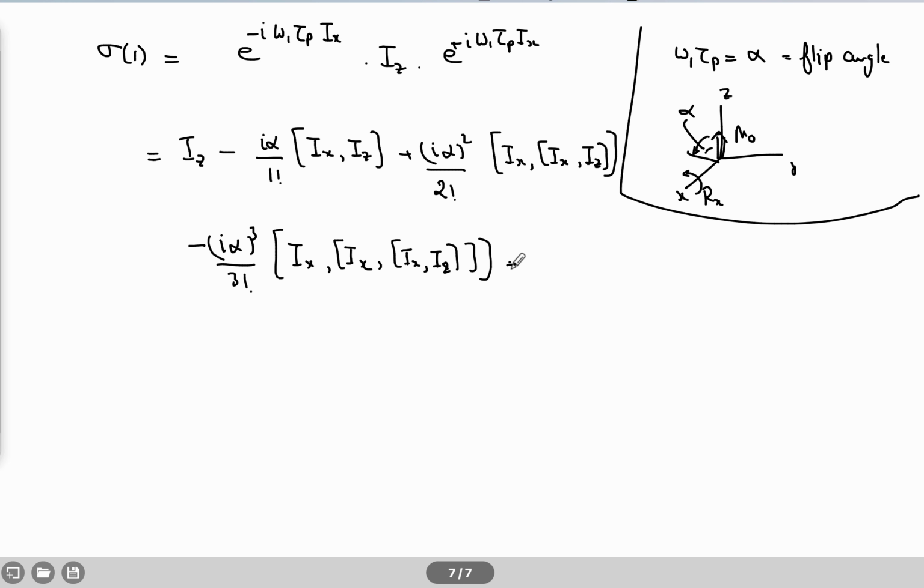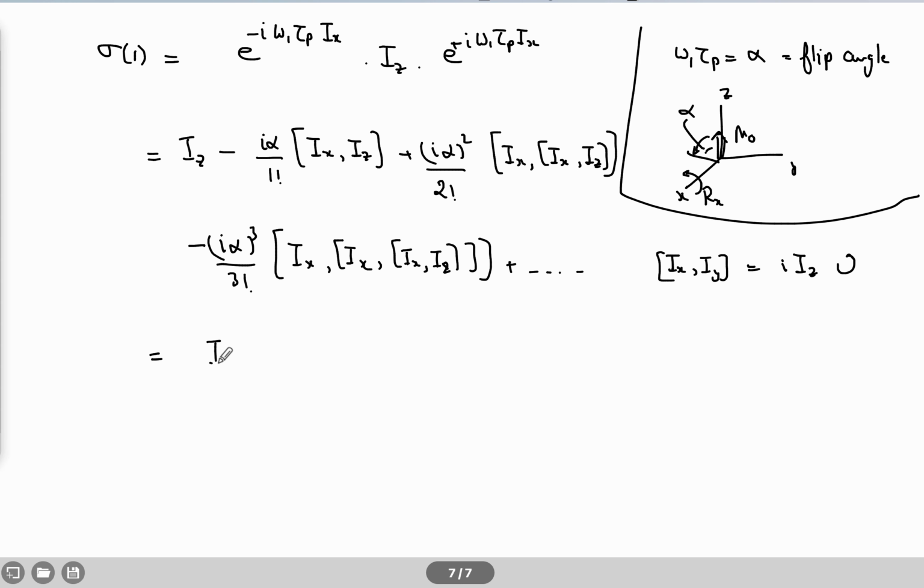Now this part I'm not going to solve for you, because we have already spent a lot of time on understanding what is BCH, how is BCH expansion solved. So I'll just make use of the following thing, that Ix Iy commutator is equal to Iz, and this is cyclic, right? So that means if I have Iy Ix, this becomes minus Iz, right? So when I do that, what will I get?